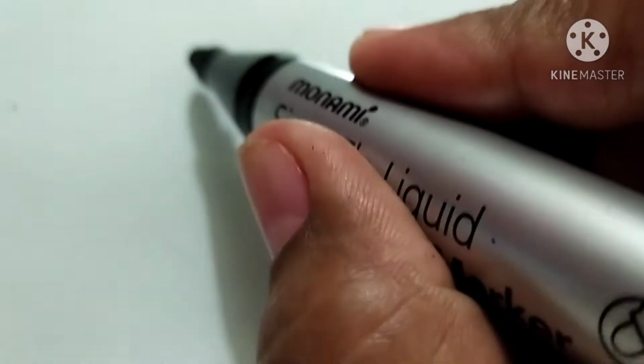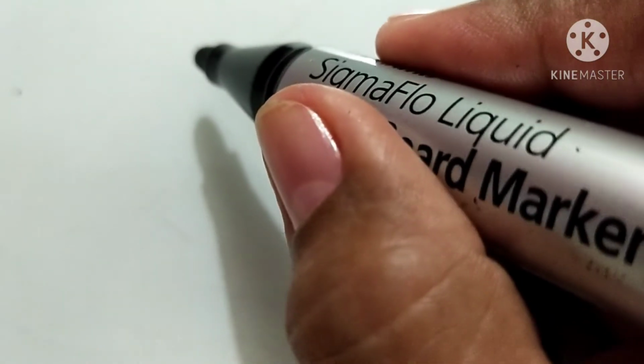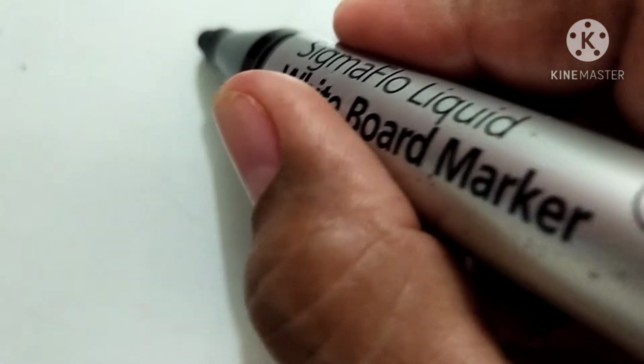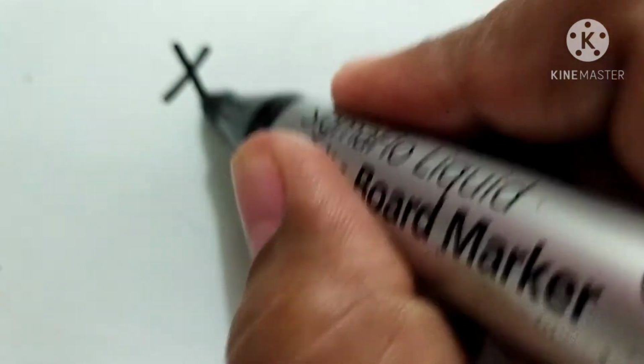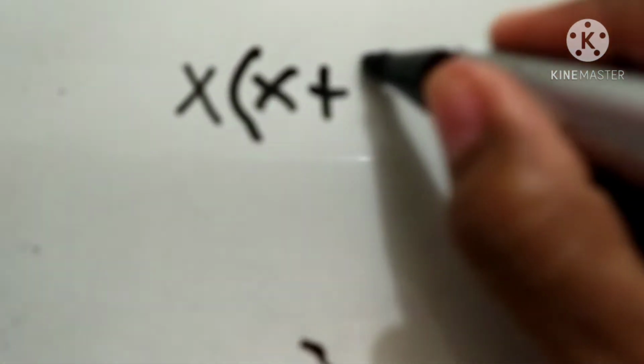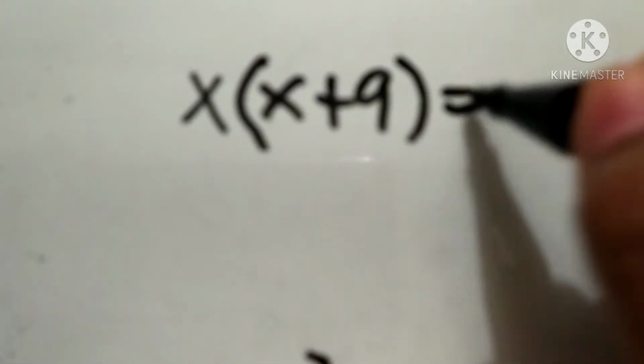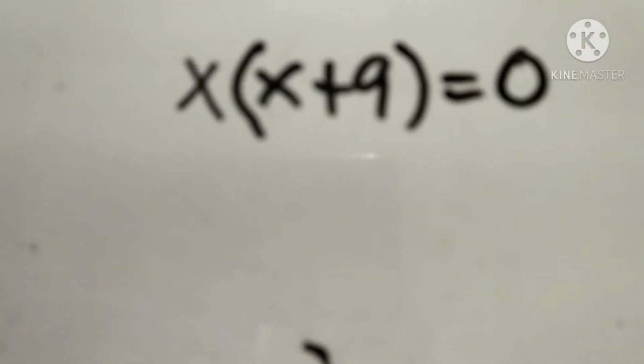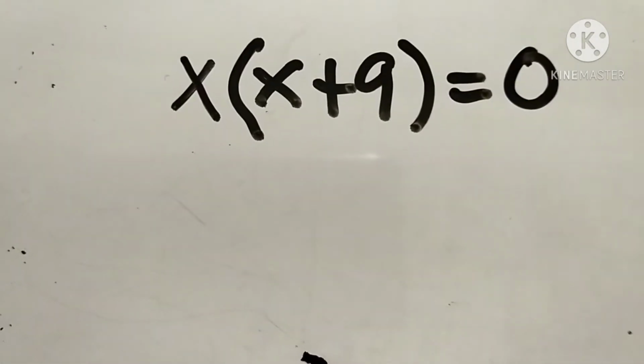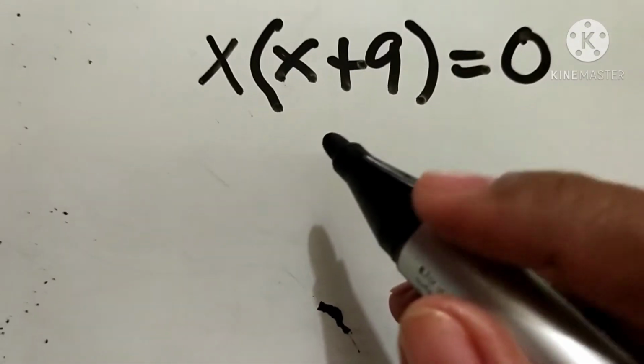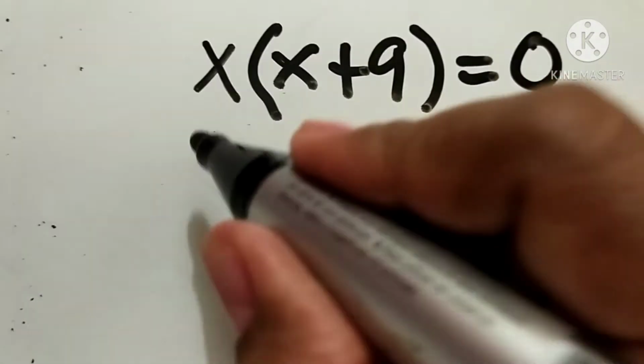Step 4: use the zero product property. We have the factors from earlier, x times the quantity x plus 9, equals 0.